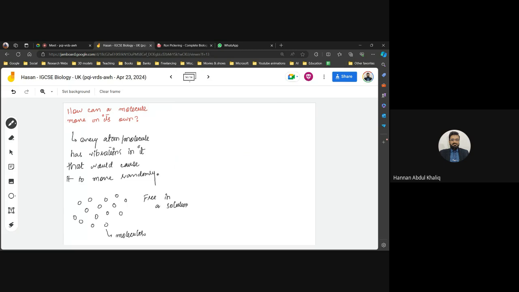You would clearly see that these molecules have a movement in which no one is pushing them, but still they are moving.